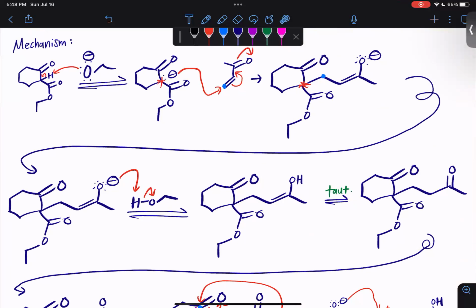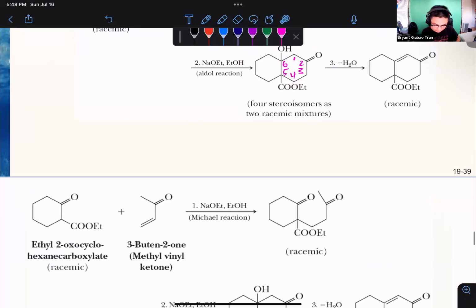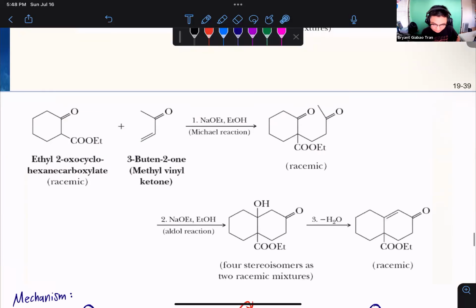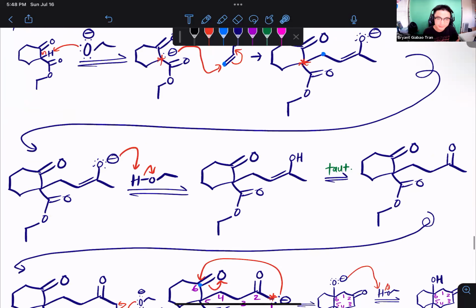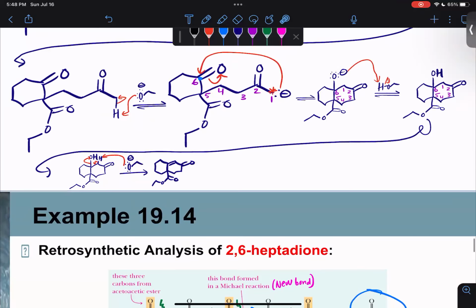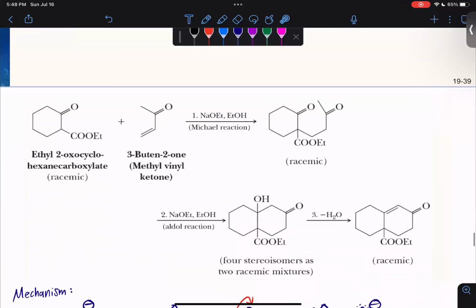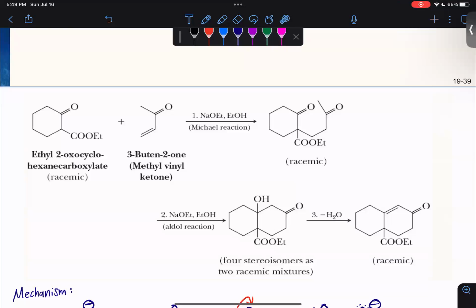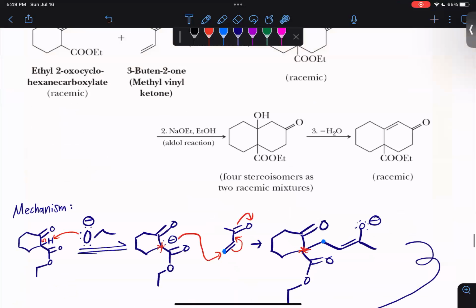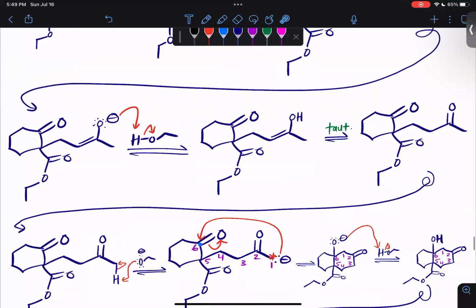Robinson is basically a mixture of reactions: Michael, intramolecular aldol reaction, and dehydration. So first we do Michael to make a nucleophile ready for intramolecular bonding. And then we do the aldol reaction to do the intramolecular bond.